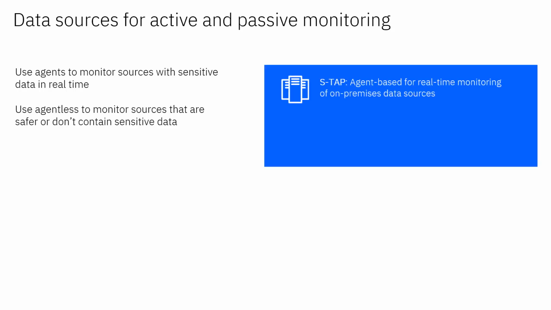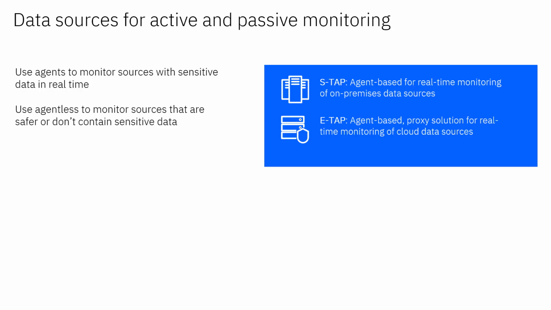STAP agents are installed on database servers, generally one STAP to a server, and monitor all of the databases on that server. External STAP agents, or ETAPs, are used for containerized and cloud-based sources. Both STAPs and ETAPs provide real-time database activity monitoring and are usually the best choice for keeping close watch over highly sensitive data.